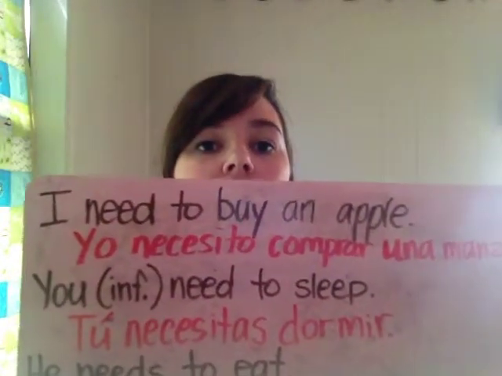And remember, with the last example, tú necesitas dormir. You don't have to say the subject tú, because it's included in that conjugation. The as ending implies that you're talking informally to one person, you. So you could just say necesitas dormir, and that means you need to sleep.